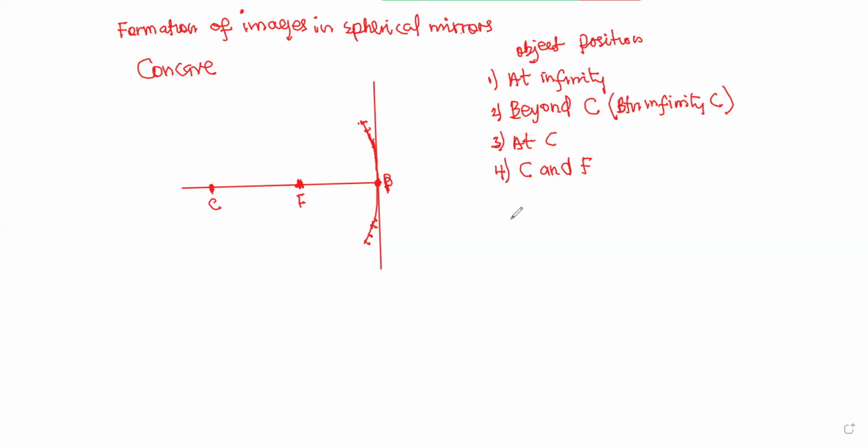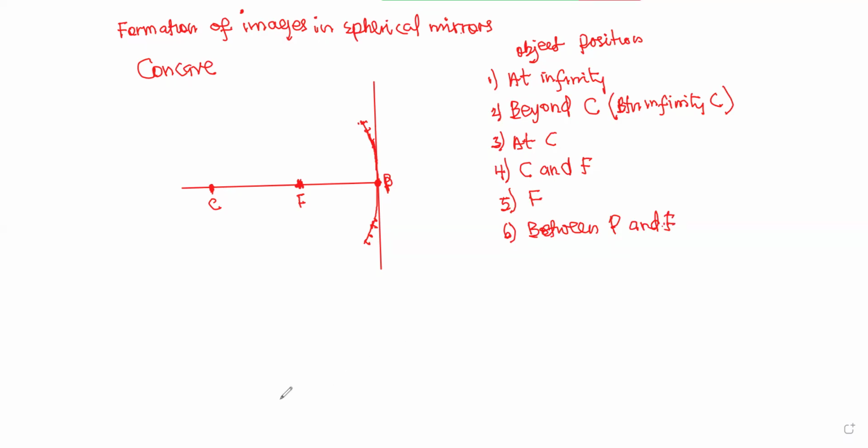The object position can also be at F. And lastly, object position can be between the pole P and F.